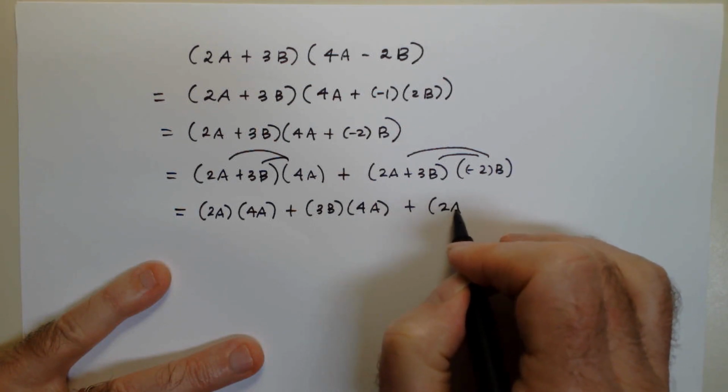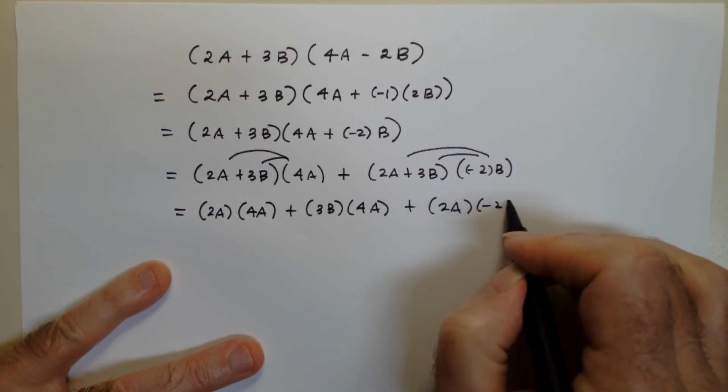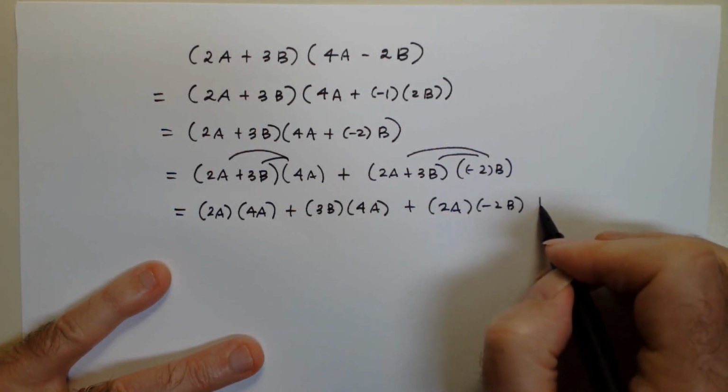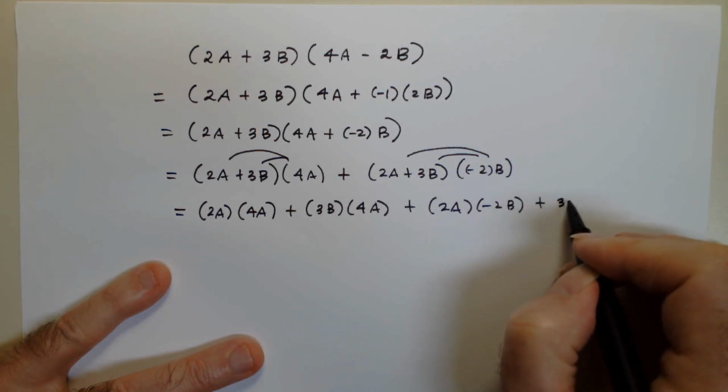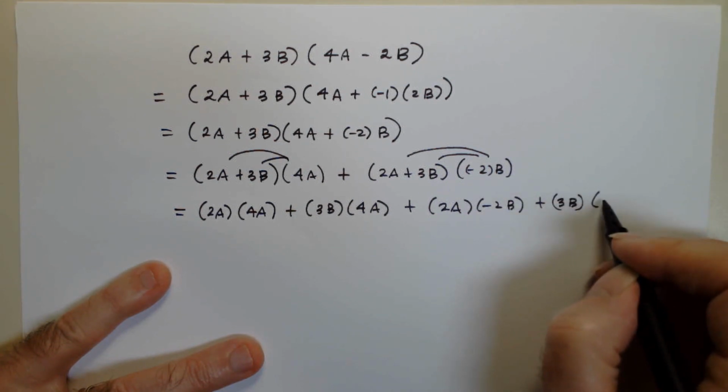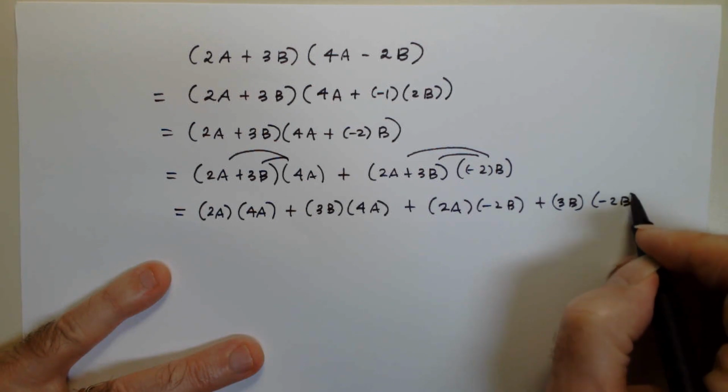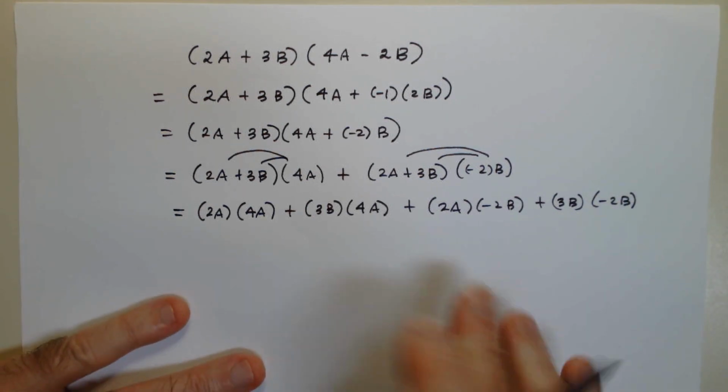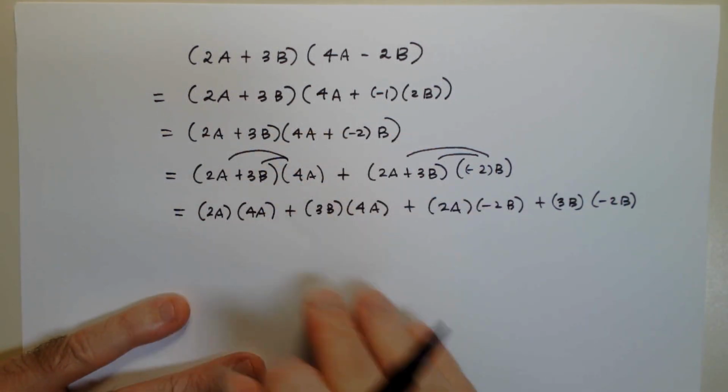We've got a 2a multiplying a negative 2 times b. And we've got a 3b multiplying a negative 2 times b. Okay, so we used a left distributive law and then a right distributive law.